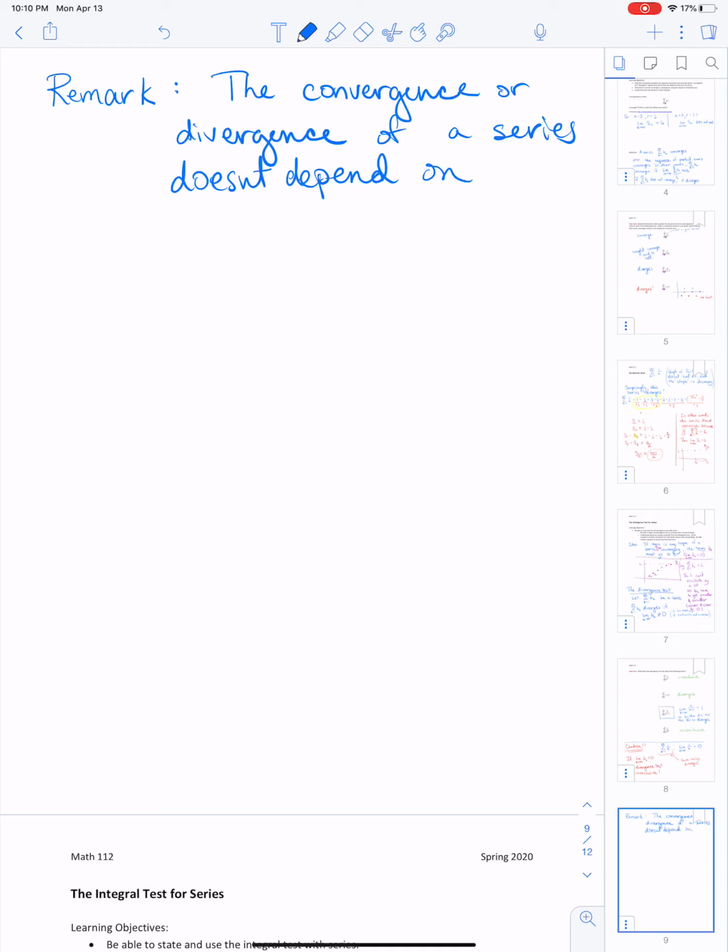Okay, so the convergence or divergence of a series doesn't depend on the terms at the start.